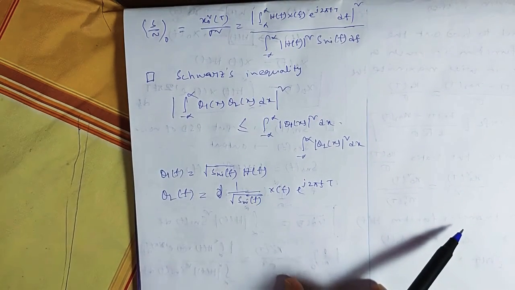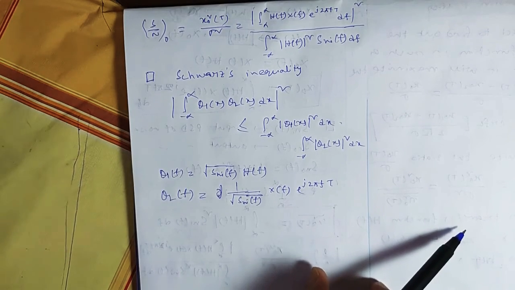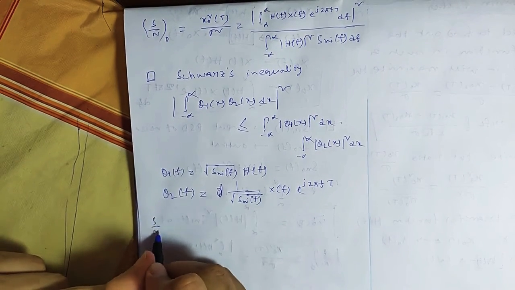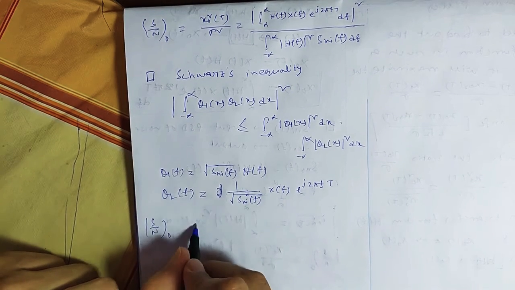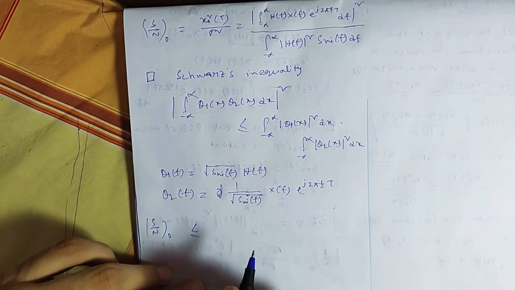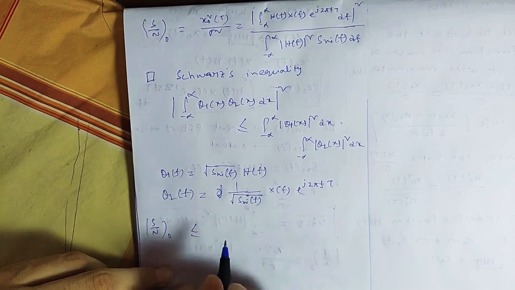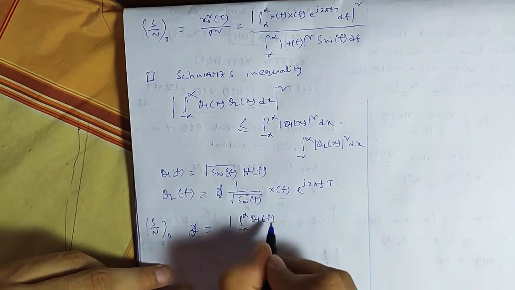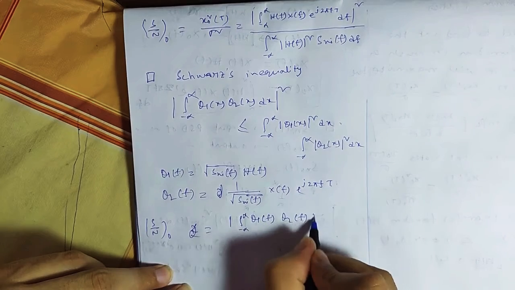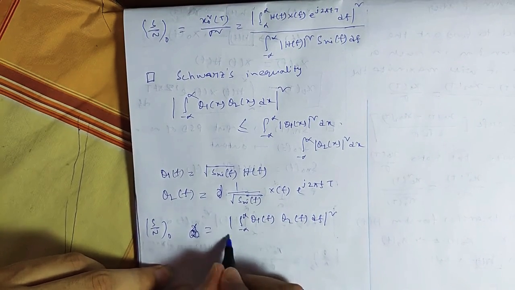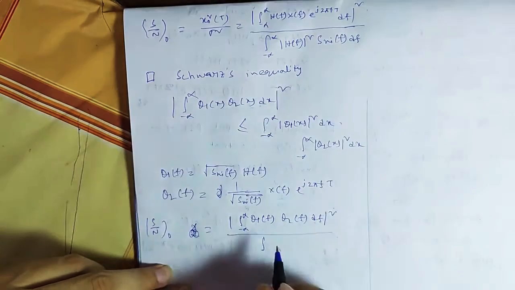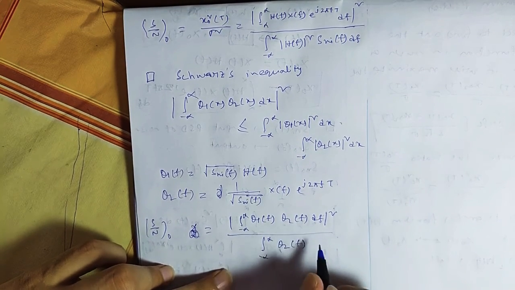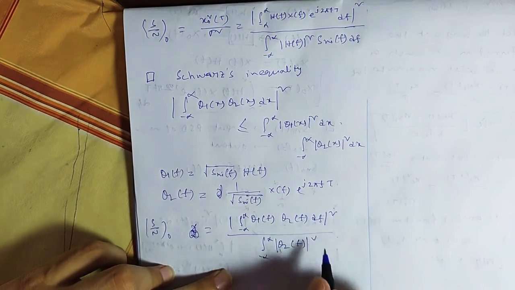Now if we replace this theta 1 and theta 2 in the main expression, S/N will be less than or equal to, so this one is theta 2 actually, the integral from minus infinity to infinity of theta 2(f) df.